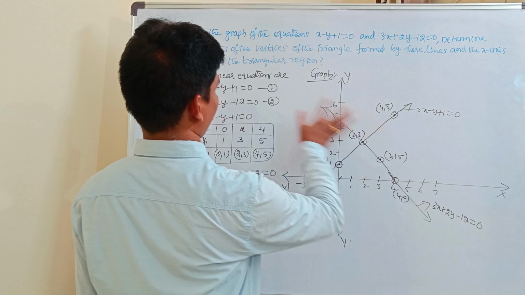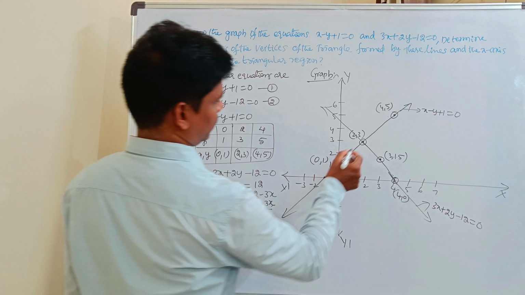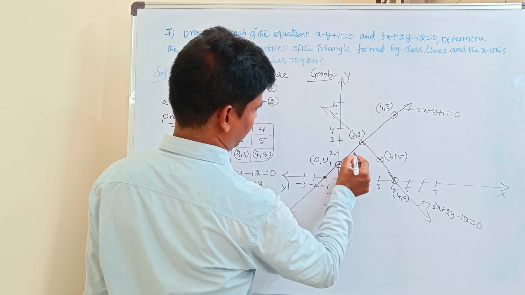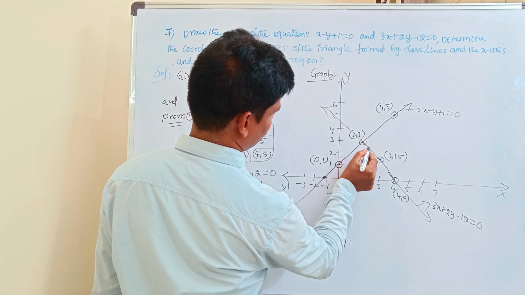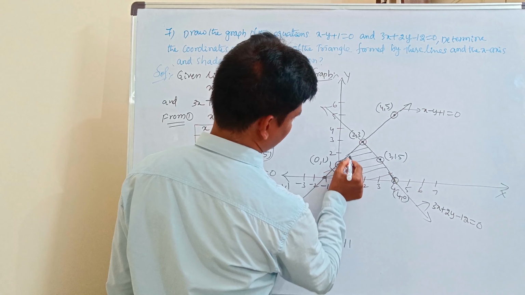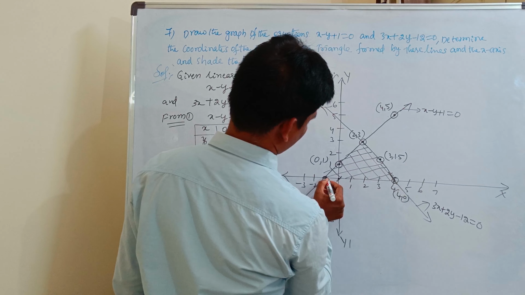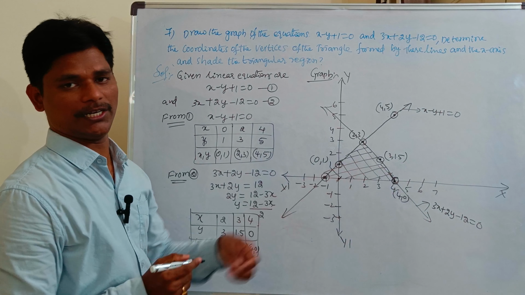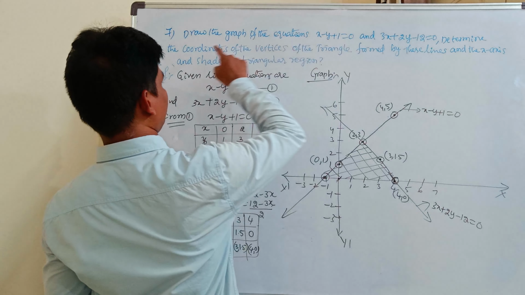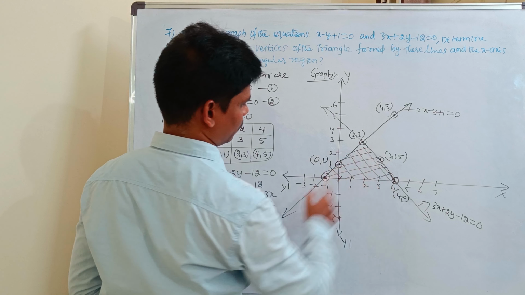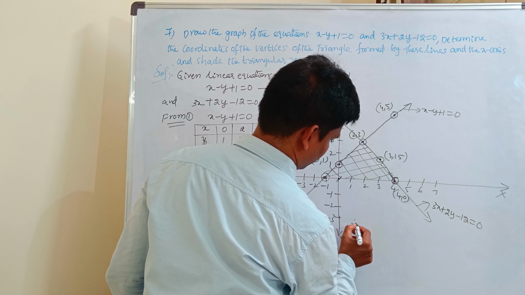See here, observe this one. The given two lines are intersecting at the point 2 comma 3. See here, they form a triangle. So this is the triangle, which I shaded here. So determine the coordinates of the vertices of the triangle. What are the vertices?